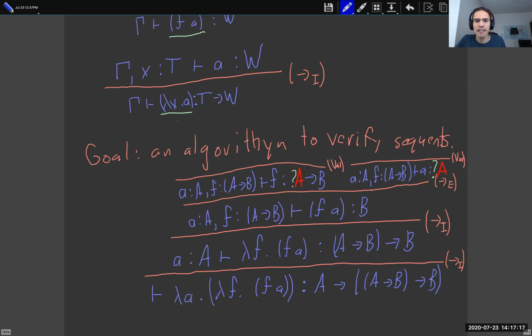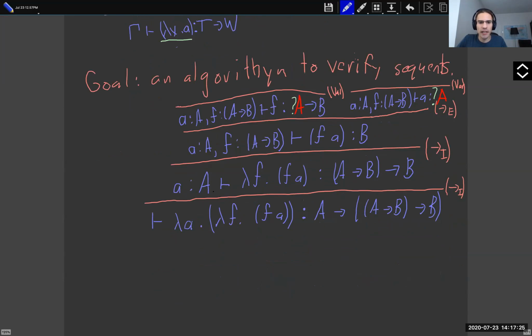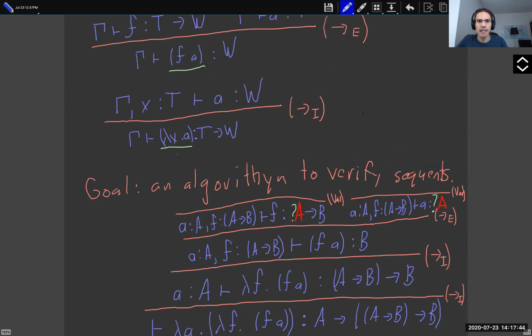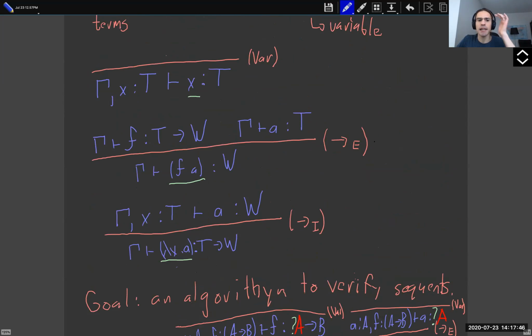And so that suggests what the process of algorithmically verifying a sequence is. So once again, the goal is to give some algorithm that we can implement in a Racket program, in fact, in very few lines, that when given a sequence of this form, will be able to verify whether that sequence is indeed correct, where the correctness of a sequence is defined by these three rules that give an inductive construction of proof trees, and hence also an inductive construction of what conclusions can be at those proof trees.